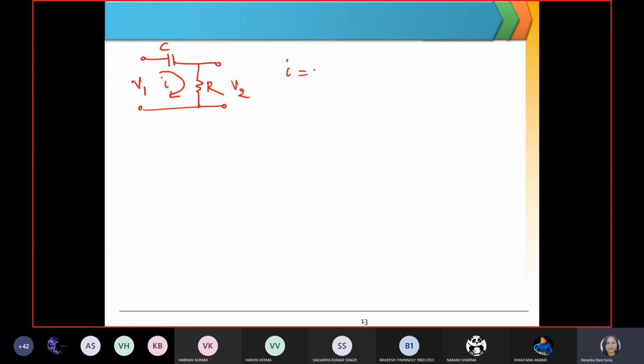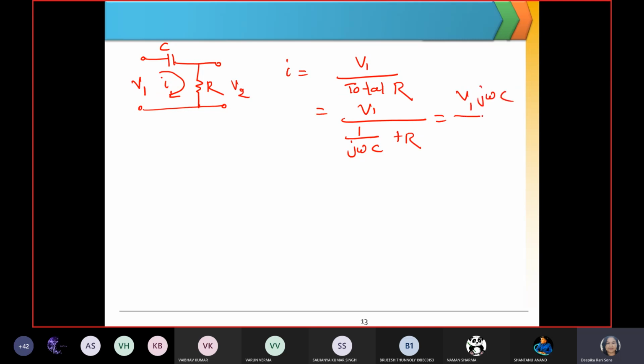What is my I value? V1 by total R. So what is my total R? V1 by 1 by j omega C plus R. This is nothing but V1 j omega C whole divided by 1 plus j omega CR.